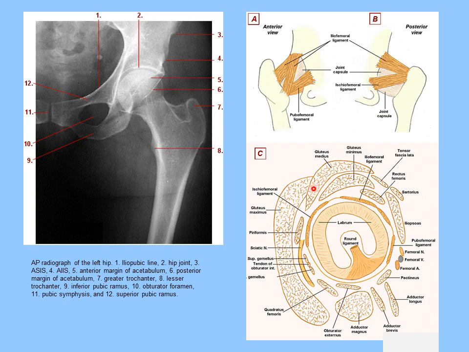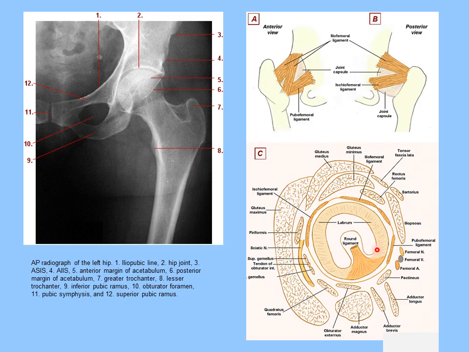The picture below shows a sagittal section of the hip, much like we had a sagittal section of the glenohumeral joint in the upper extremity unit. Here is the acetabulum. That acetabulum is rimmed by an acetabular labrum.